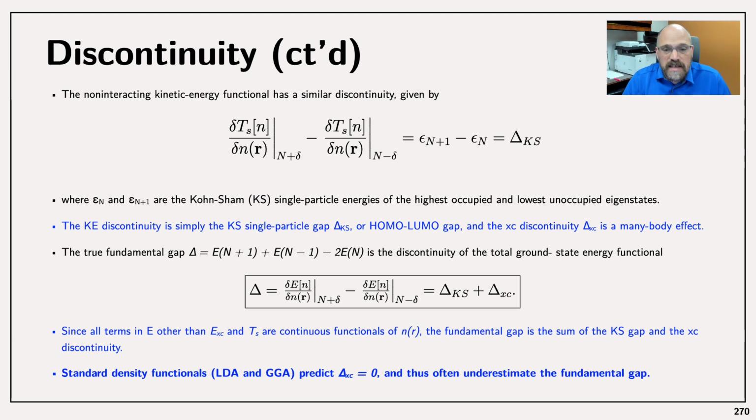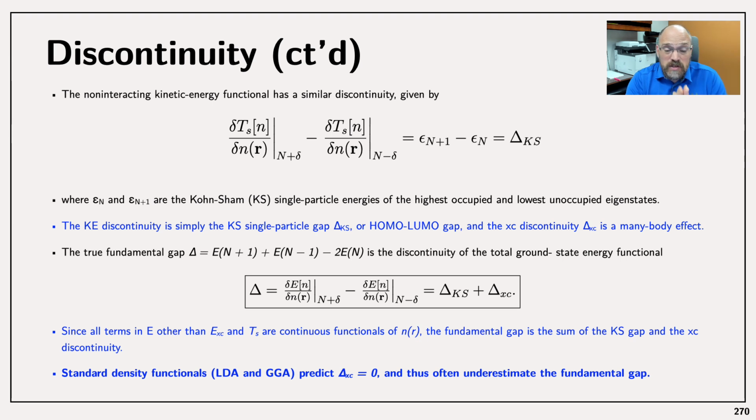So, as I just showed you on the plot, this discontinuity in the derivative of the exchange correlation energy functional is zero in LDA or GGA, for example. Therefore, we are missing out totally the capital delta Xc. And since the delta Xc is always a positive number, we are always underestimating the band gap, right?